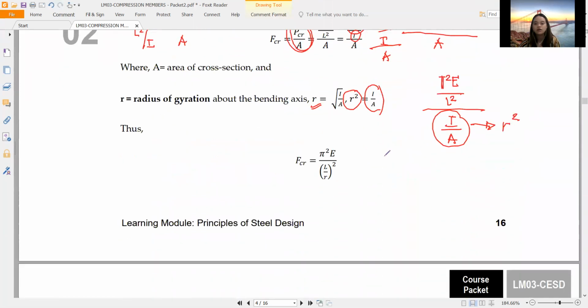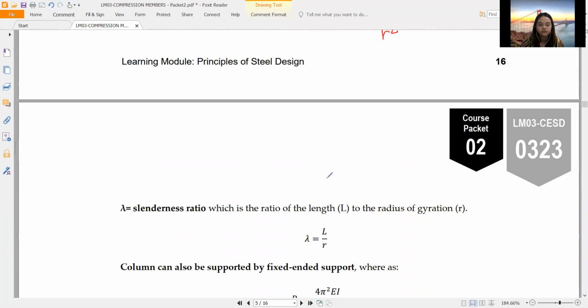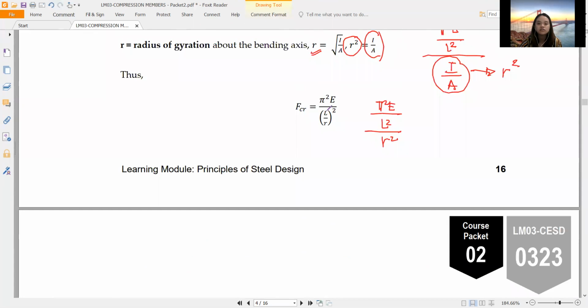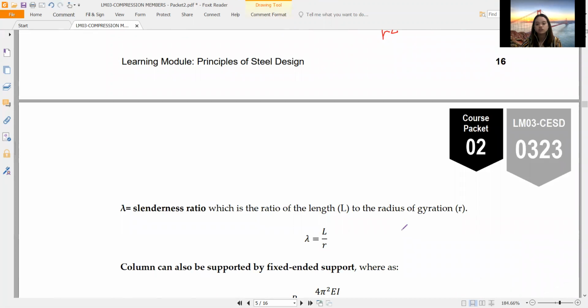Therefore, if that is expressed by r squared, we have pi squared E over L squared over r squared. Okay. Now, the slenderness ratio, ano naman tong significance itong L over R? That is actually your slenderness ratio, or the ratio of your length to your radius of gyration.